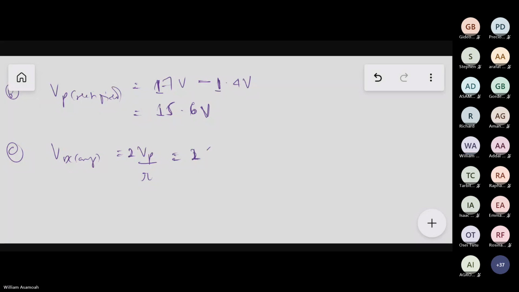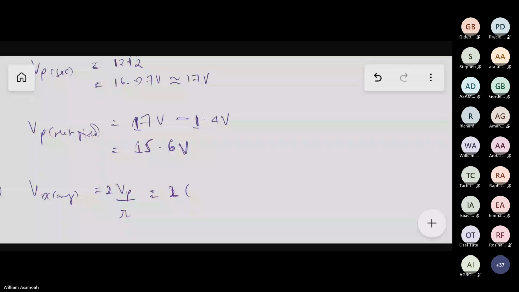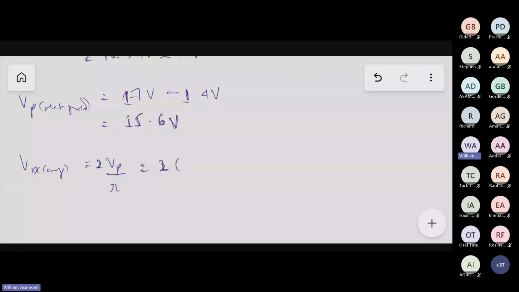Sorry, the formula: that's V peak minus 2 VF. The formula for the V peak includes minus 2 VF.